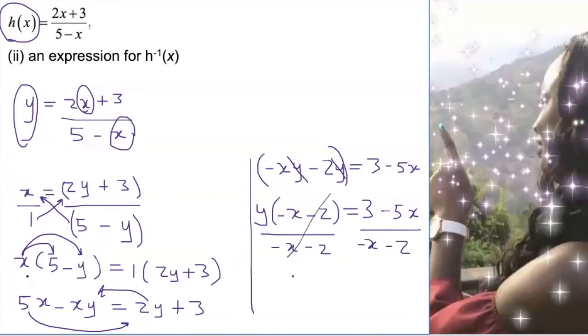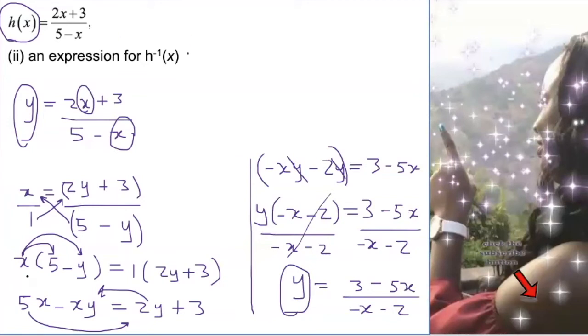This cancels, so y is equal to (3 minus 5x) all over (minus x minus 2). And this represents the inverse. So the inverse function is equal to (3 minus 5x) over (minus x minus 2).